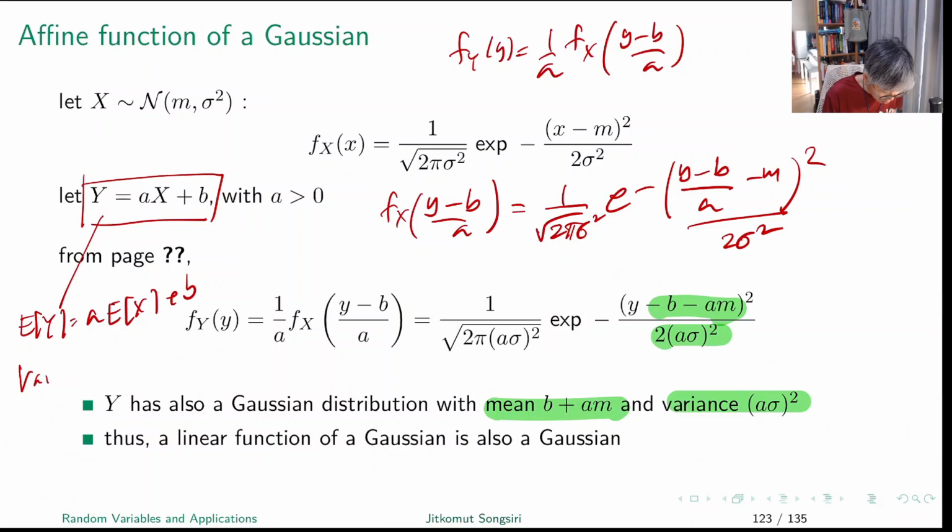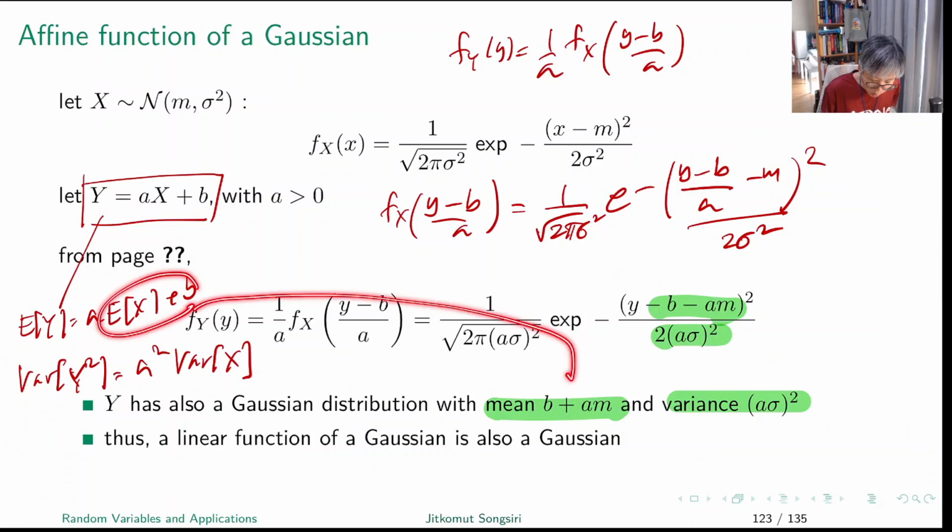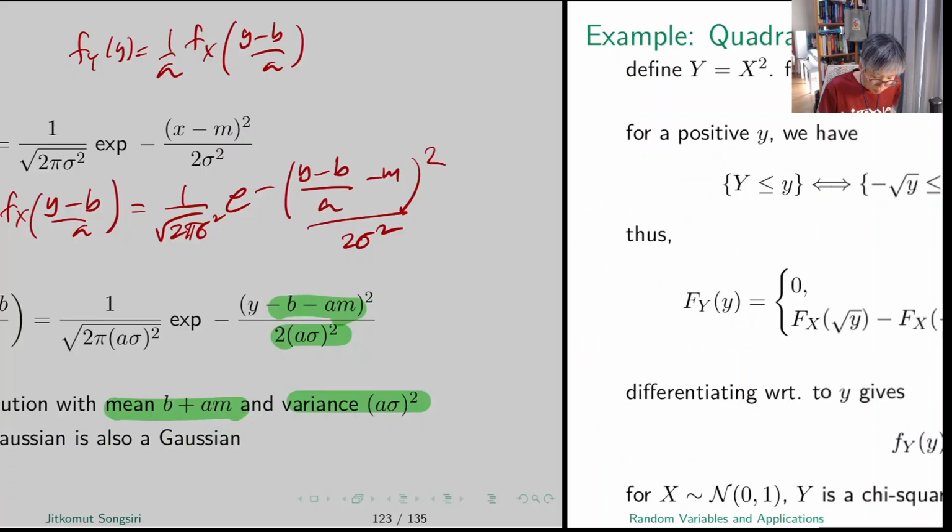And we know from prior analysis that the variance of y depends on the coefficient a squared. This is what we know from another independent analysis, but I want you to see that it also agrees after we read off the mean and the variance of the Gaussian distribution from this analysis.